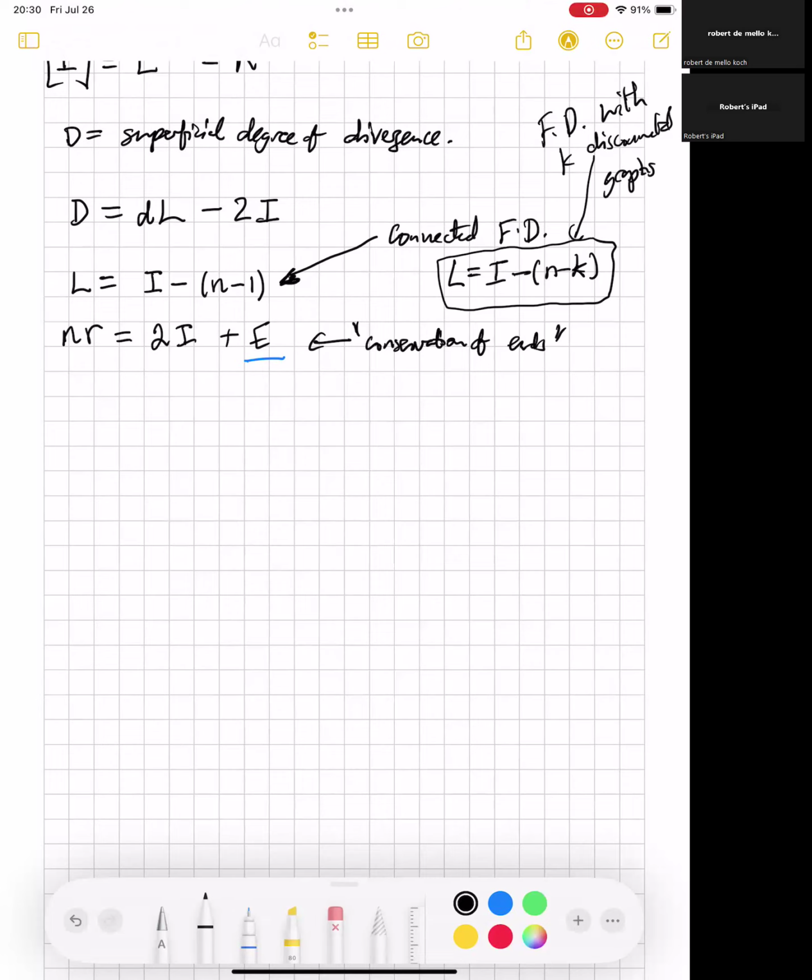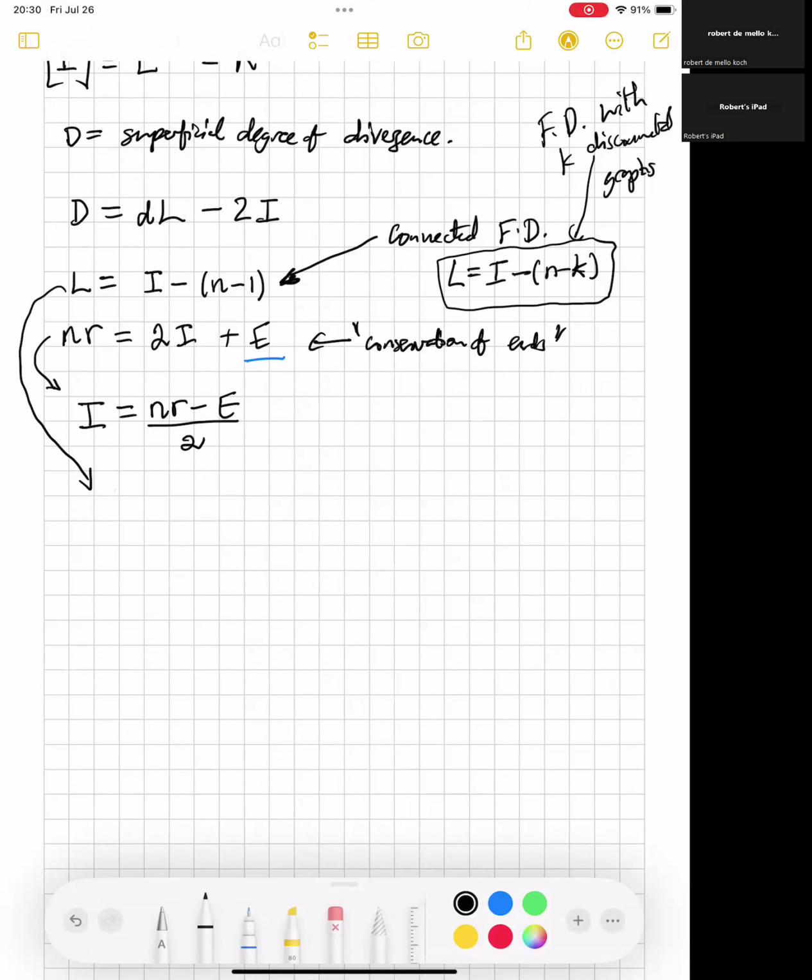So what do I want to do? I think that first of all, we will solve this equation for I. So I will be equal to nr minus e over 2. And now we're going to plug it into this equation.